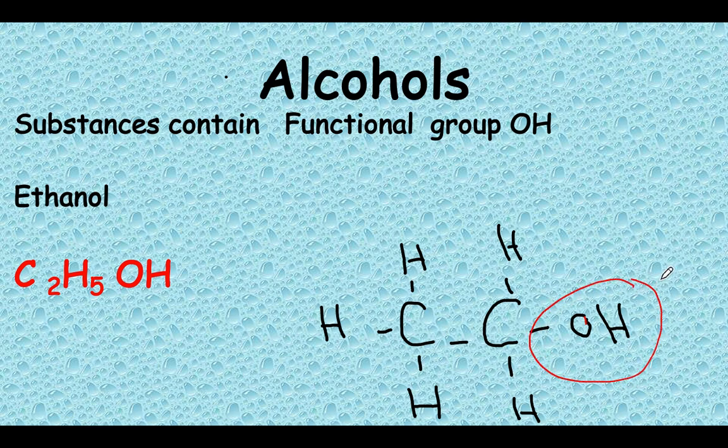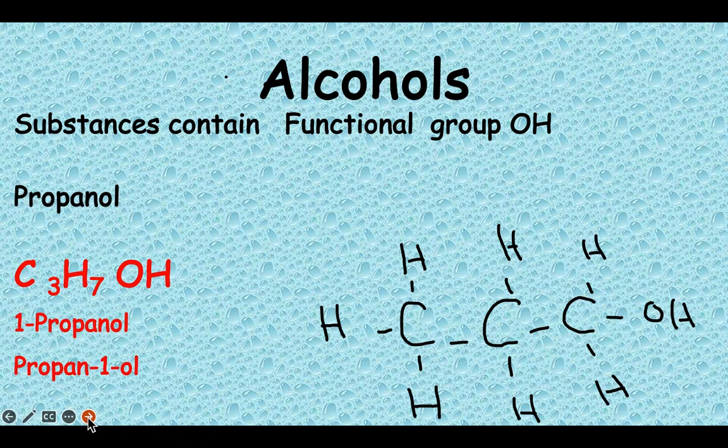So if you are asked to draw a ring on the functional group, for the alcohols, you're going to draw it around the OH. If we want to get the molecular formula, we're going to count C2, H5, 1, 2, 3, 4, 5, and OH is the functional group. We can write it like this as a molecular formula.